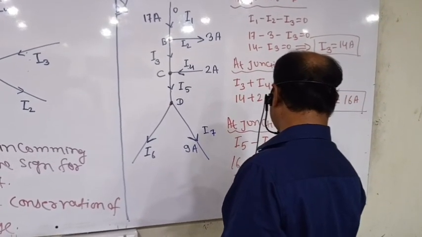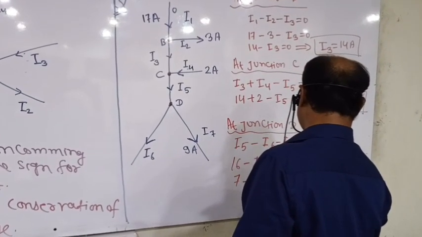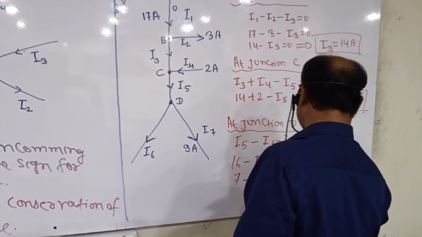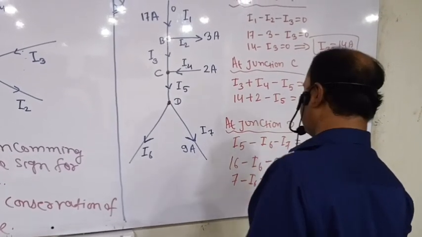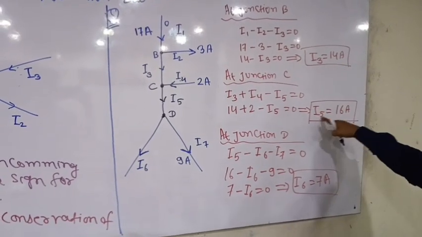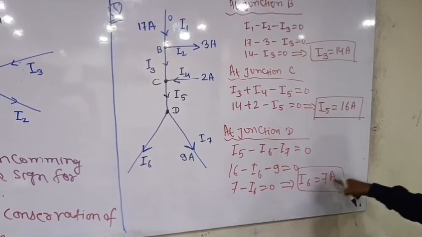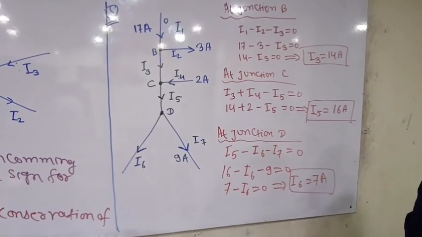Therefore 7 minus I6 equal to 0, so I6 equals 7 ampere. So we have calculated all unknown values: I3 equal to 14 ampere, I5 equal to 16 ampere and I6 equal to 7 ampere. So this is a very important law.